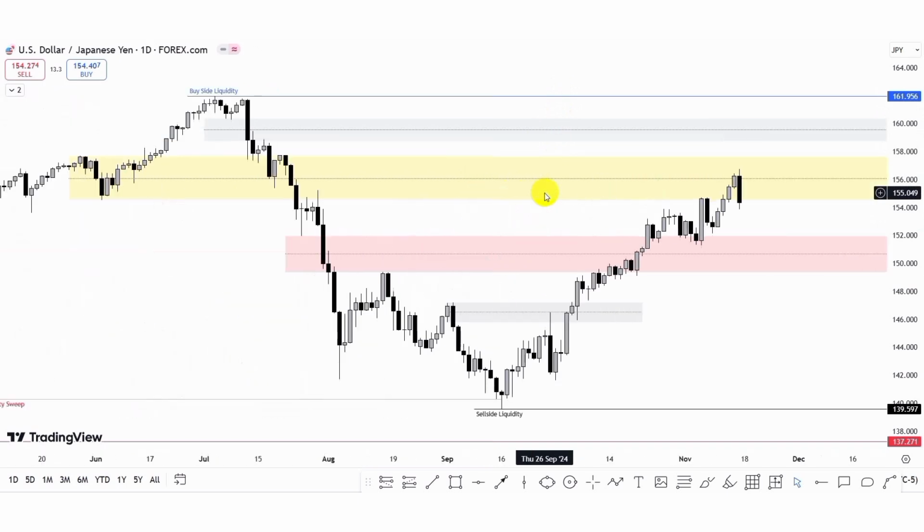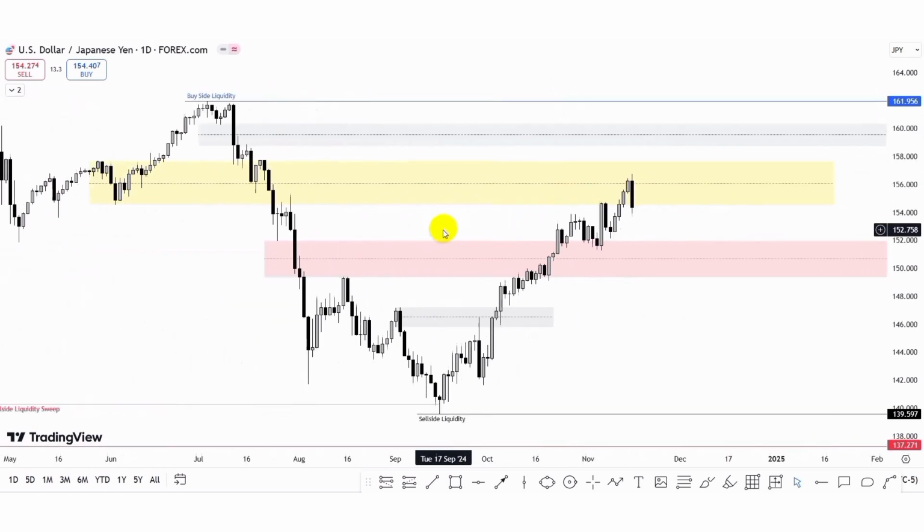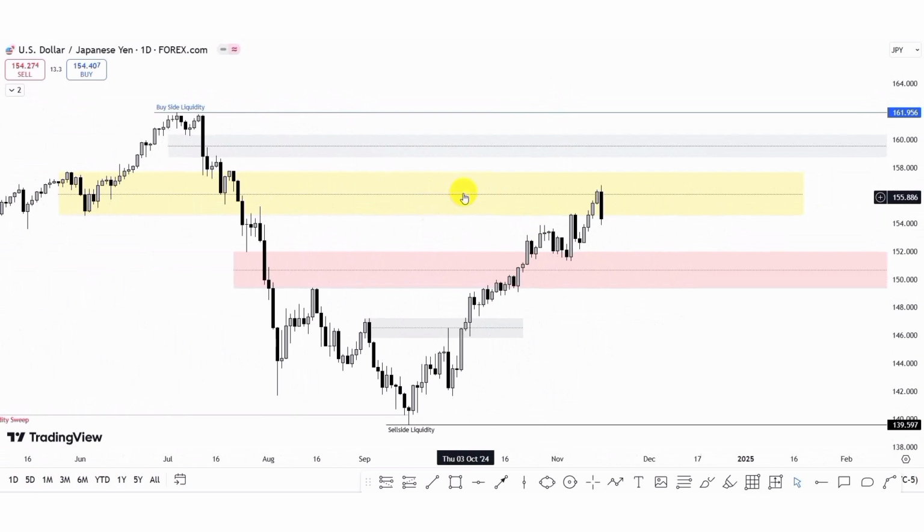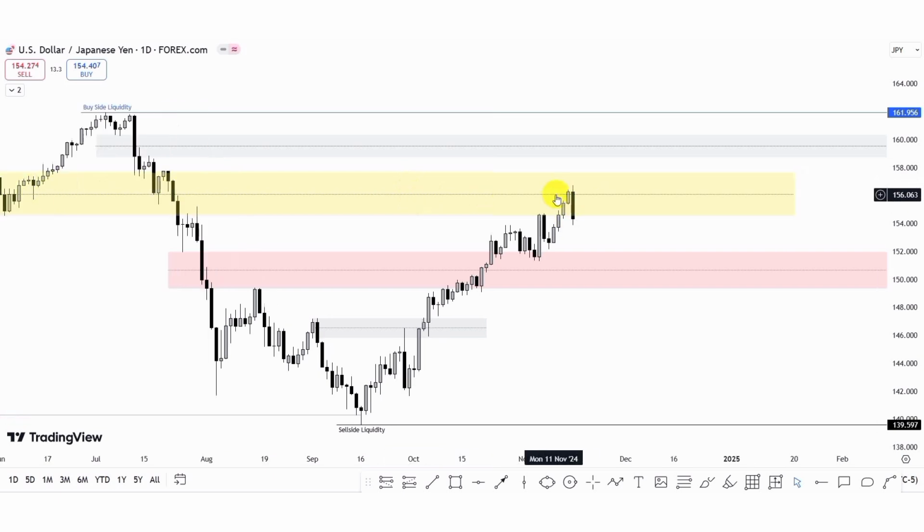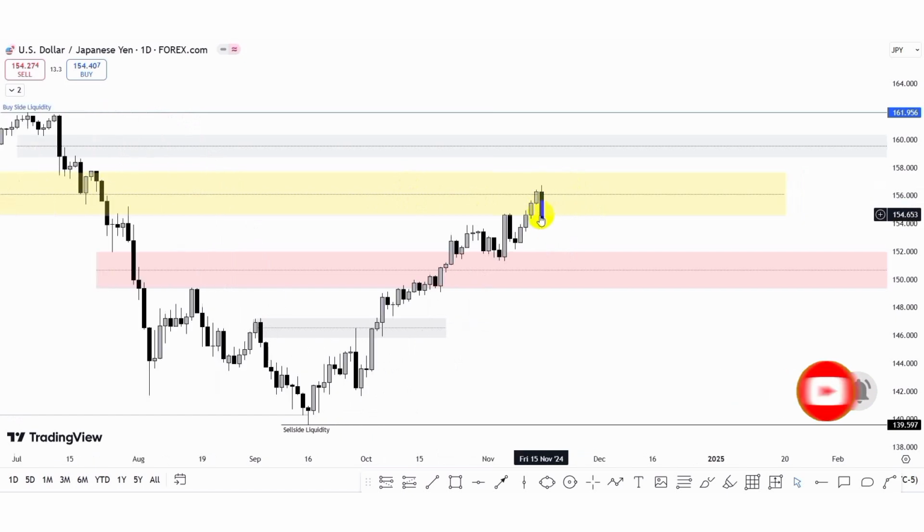Here in the daily time frame, what we can see is this is our zone we identified from the weekly time frame, which we can call the breakout block zone. Now, what we can see is how price respected the main threshold and then dropped to the downside, giving us a down close candle below the main threshold of that zone.